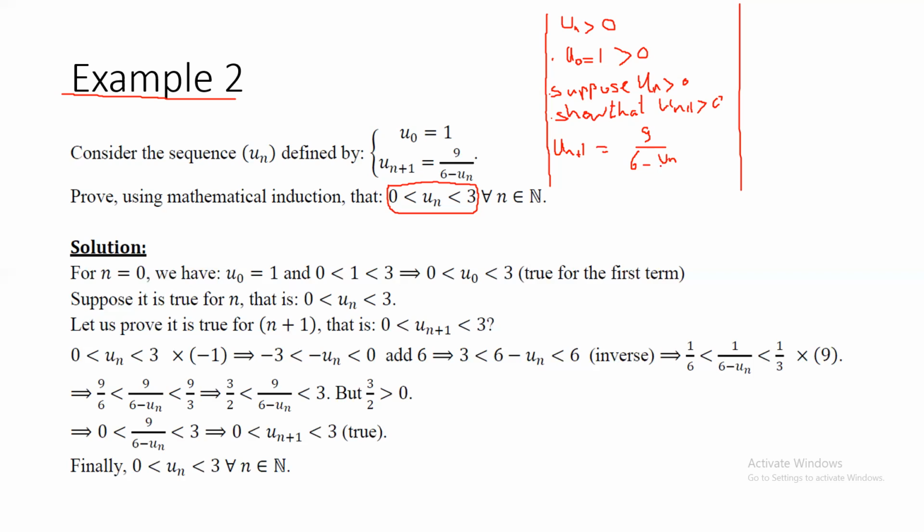Positive or negative. If un is greater than 0, then minus un is negative. So 6 minus un is less than 6.